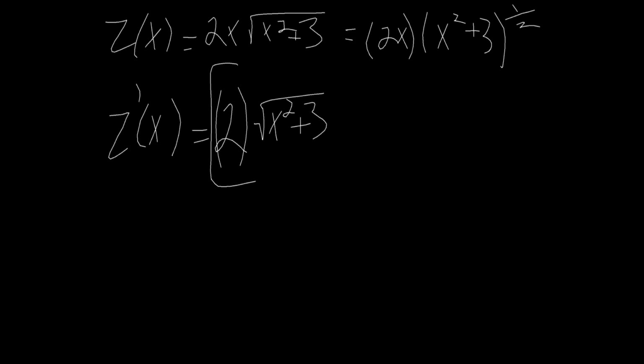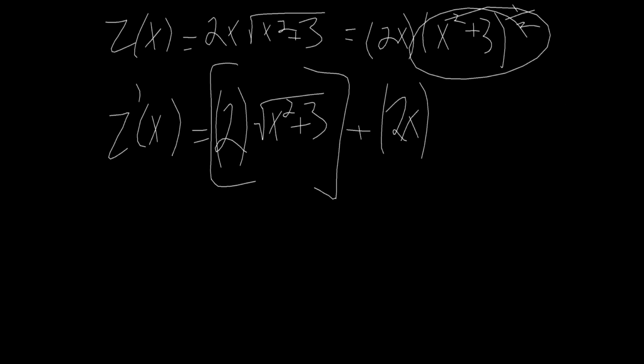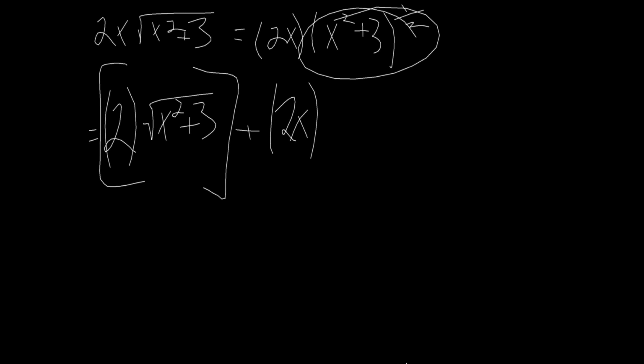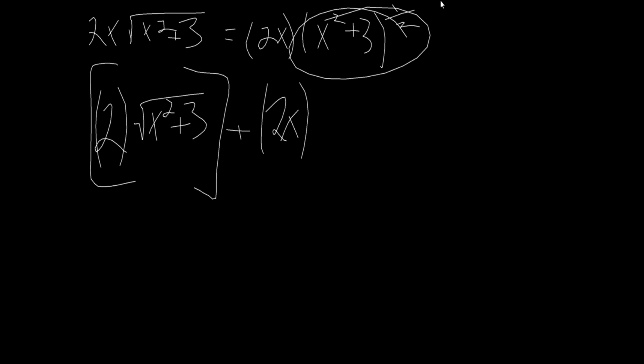And now that we have that, we're going to add it. Because we found the derivative of this, now we're going to leave this alone. And then we're going to find the derivative of this. But before we can find the derivative of that, we're going to have to separate into parts and find the inside and outer function.